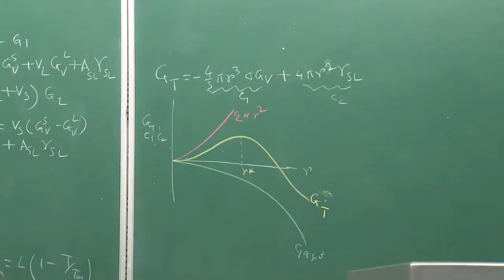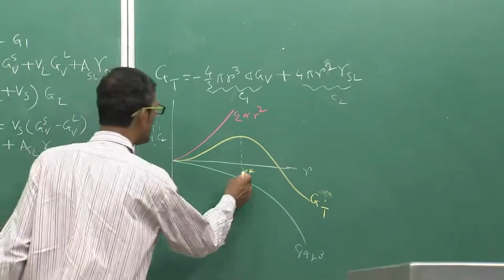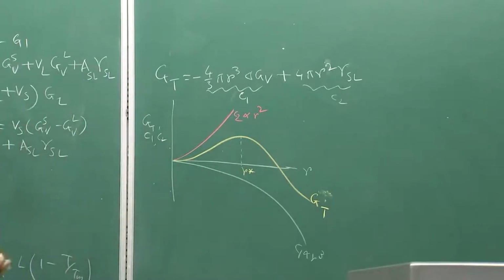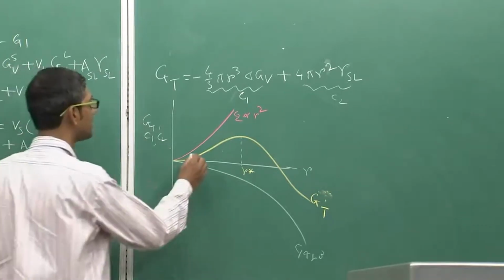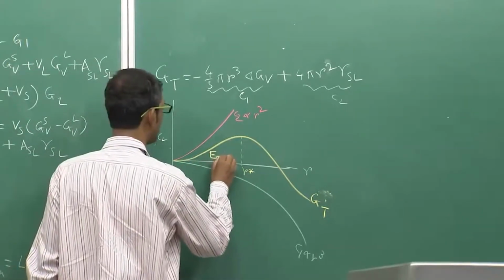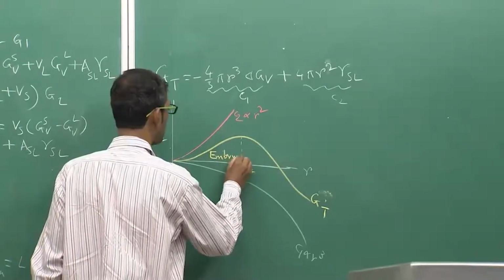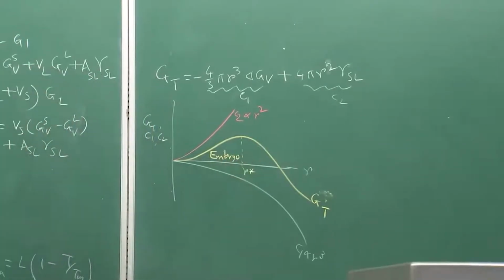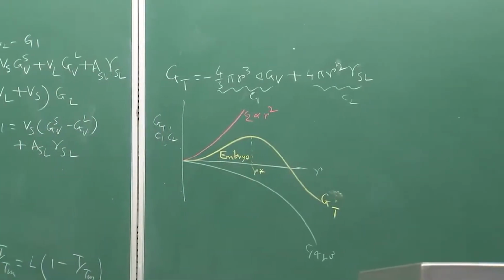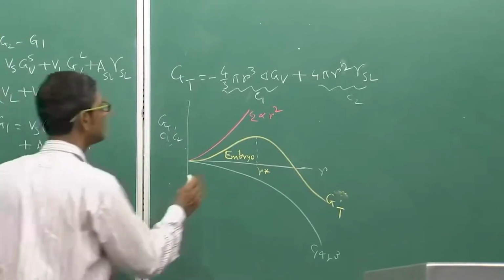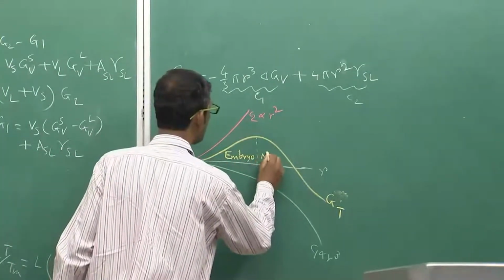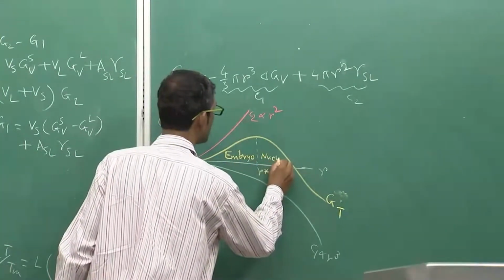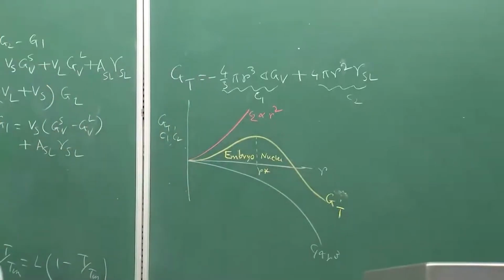The atoms need to cross a barrier to become a nucleus. R star is the critical value of R, below which everything is known as an embryo. Only when one extra atom is added to R star will the system reduce energy and form a nucleus.